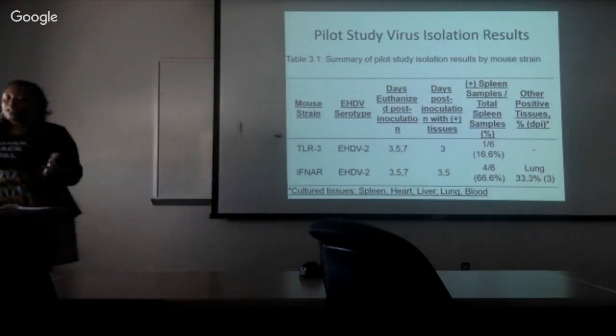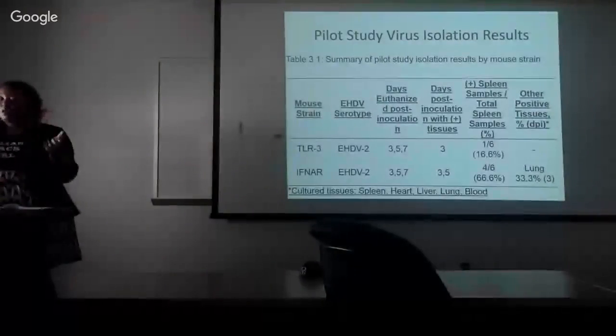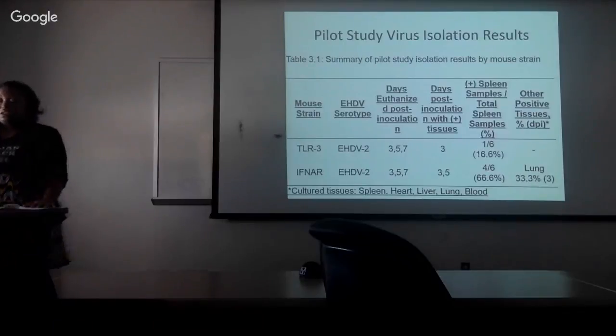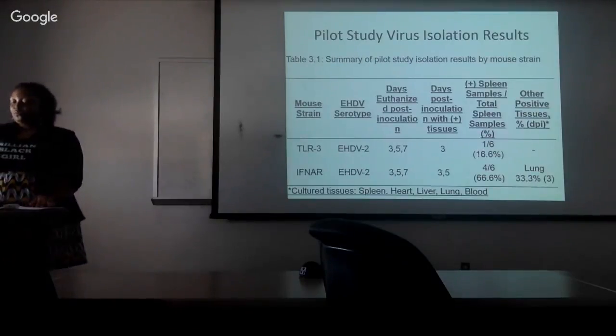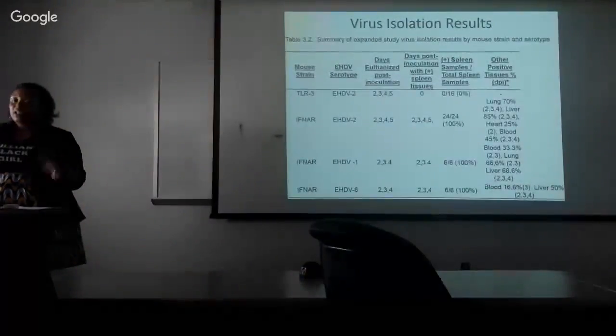So the results of the pilot study basically showed that we got infection in one TLR3 mouse where we found positive virus in the spleen, and then we found 4 positive spleen samples from the IFNAR mice and 1 positive lung sample, which is why we then continued to do TLR3 and IFNAR for the next set of the study.